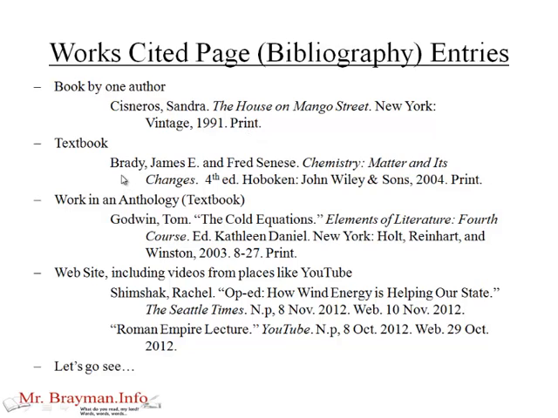This one has two authors, so this one's last name, comma, first name, and then first name, last name. Period. Title. With textbooks, very often we put the edition because each edition is slightly different. Then the city of publication, the publishing company, the date, and the fact that it's a print source.